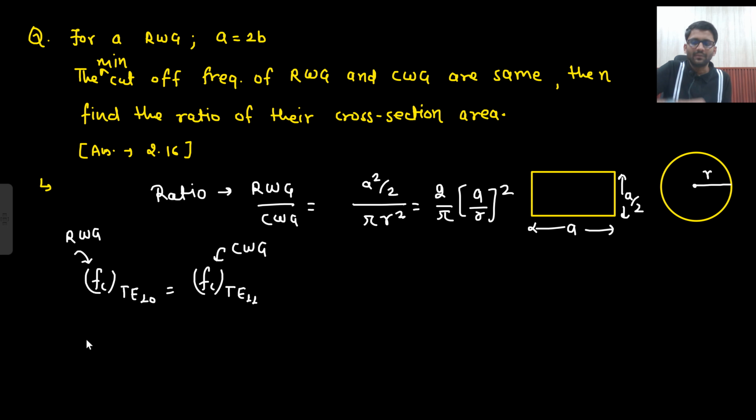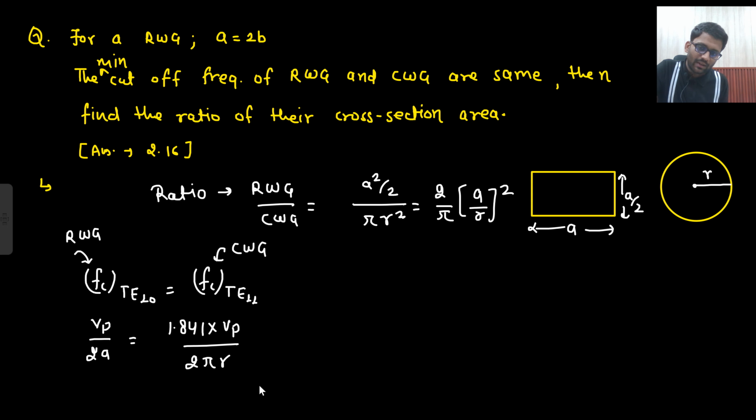For the rectangular waveguide it is Vp by 2a. What about this? This will be 1.841 into Vp divided by 2 pi r, right? So Vp gets cancelled. What I need to find is A by r. Your A by r would be, the 2 also gets cancelled, so A by r is pi by 1.841.